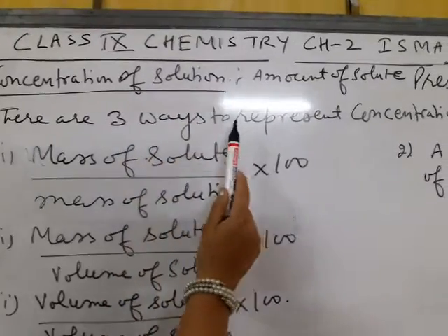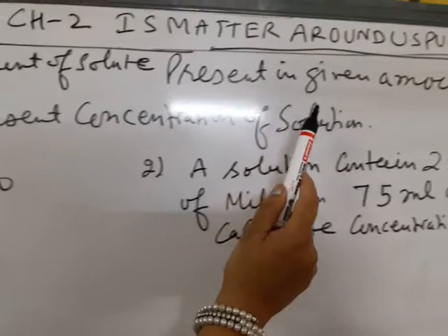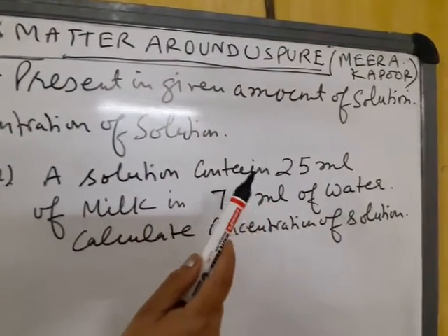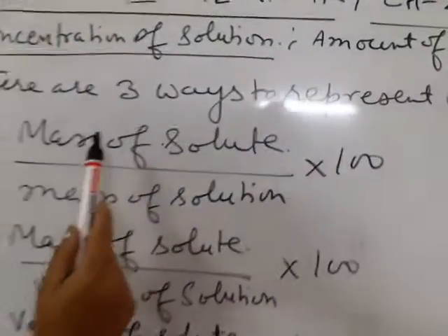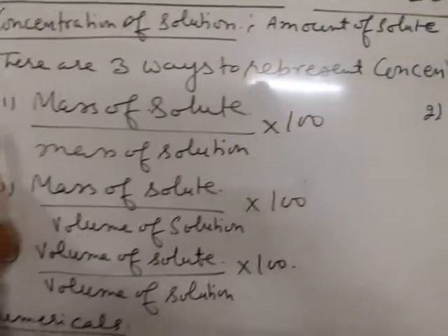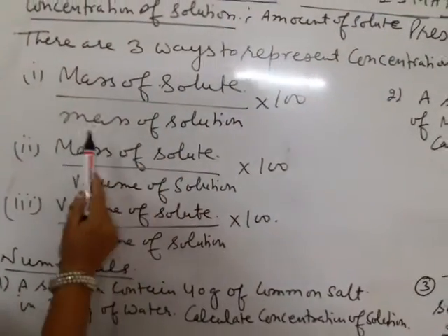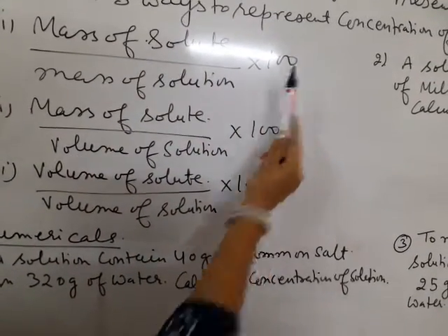of solution. Concentration of solution is the amount of solute present in a given amount of solution, and concentration of solution is always in percentage. There are three ways to represent concentration of solution. First one is mass of solute upon mass of solution into 100.